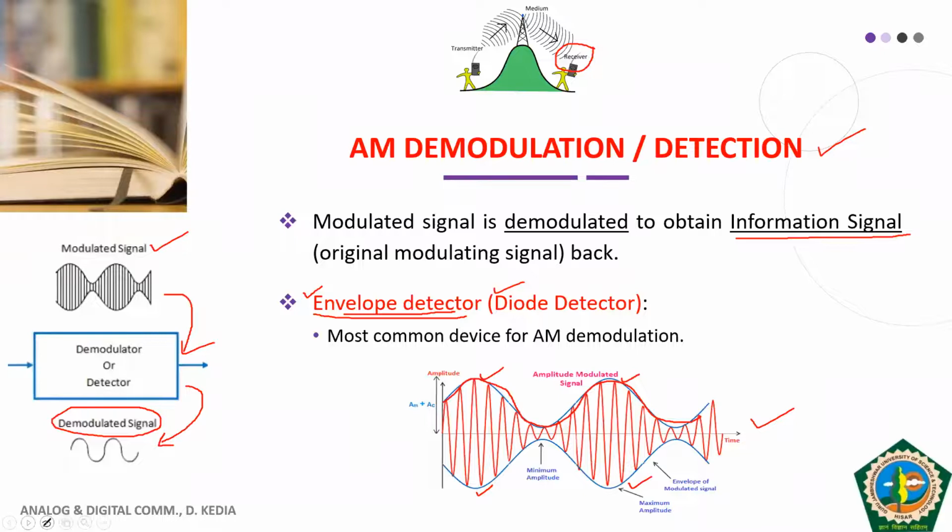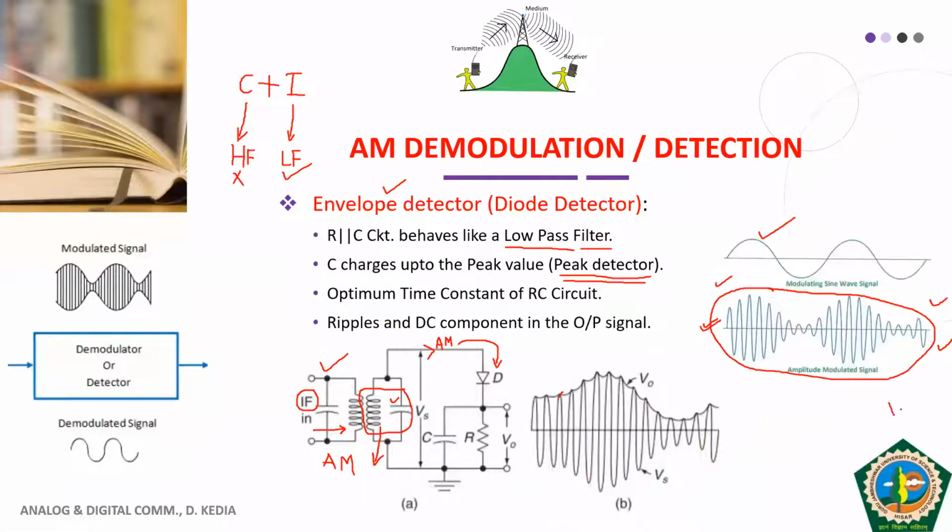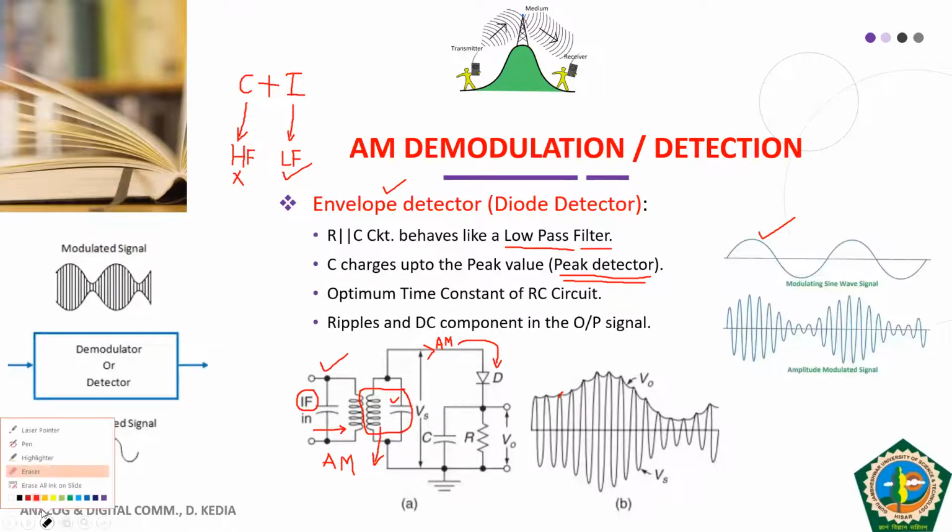Actually, my AM signal looks like this, where there is no separate colored line over the top. So just by observing the signal, we have to make out that something different has been put on our AM signal. Just by looking at the peaks, we can make out that the message is present over it. So this signal will come here.